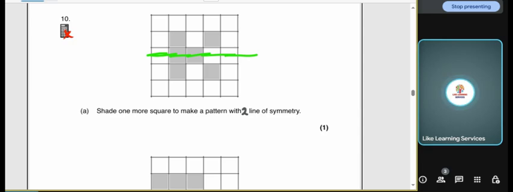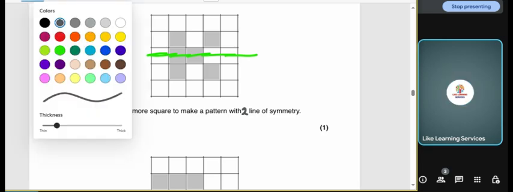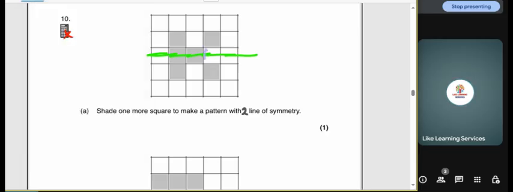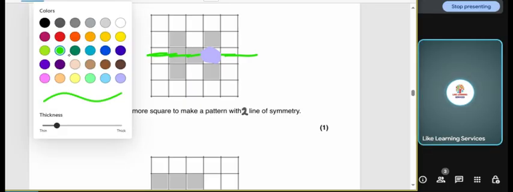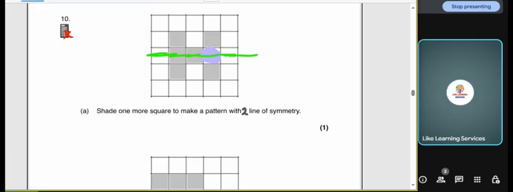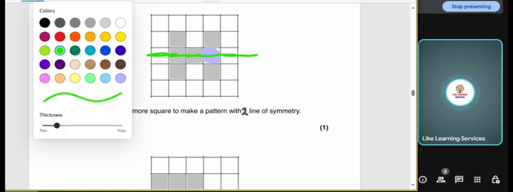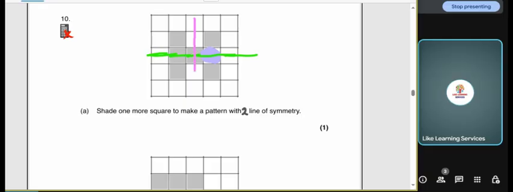So for it to have 2, we need to shade this. It will now have 2 lines of symmetry, which would be this green one, and maybe another color, this one here.